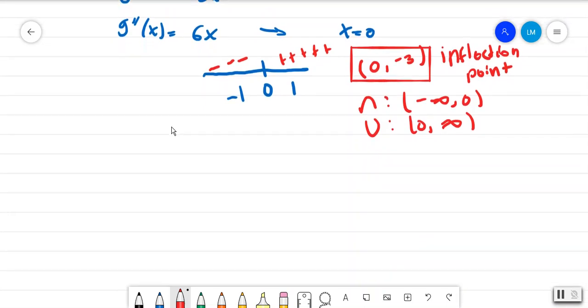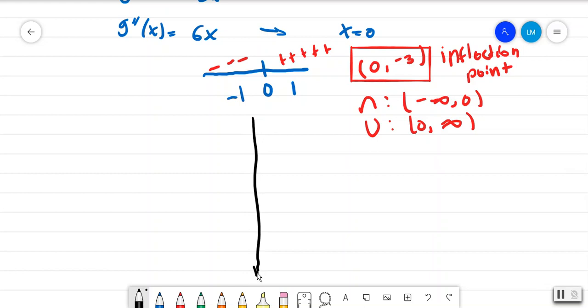Now, we can also look at another one where we want to find the same thing. Let's consider that we can look at the second derivative to help us figure out a few things.